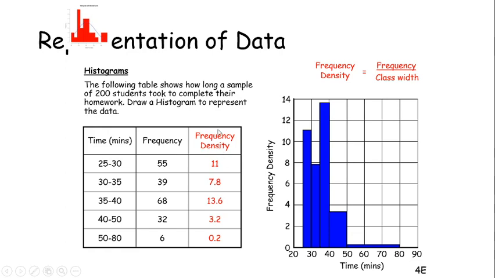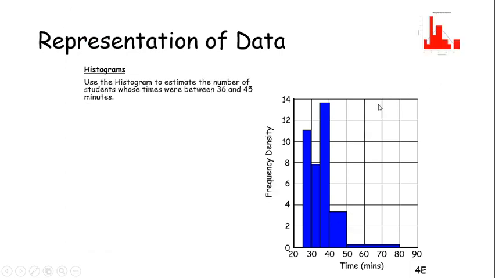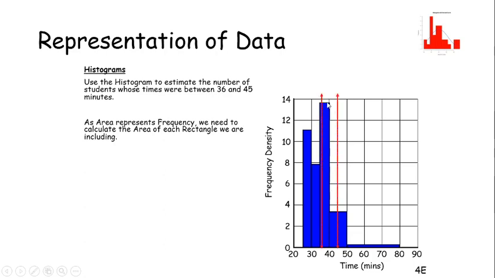Now there are things you can do with this histogram, because you very often don't actually get asked to draw a histogram. You get asked to do something with a histogram, like filling in bits that are missing, or taking data from it. So if we want to find the number between 36 and 45, we just have to find the area that represents it. In this case, this is 36, this is 45, and so we have the area of this bar, the area of this part bar, and the area of this part bar as well.